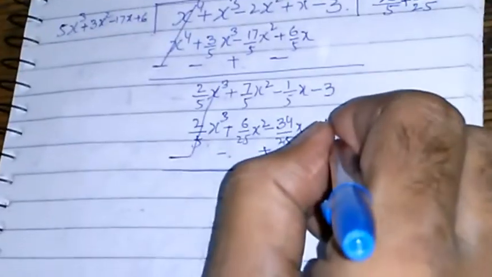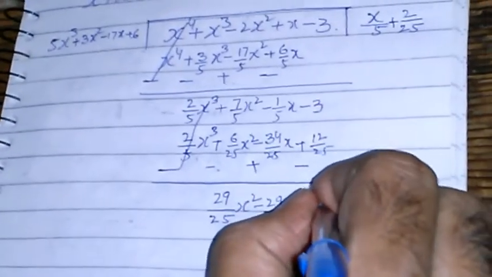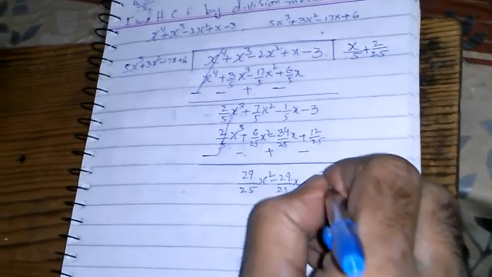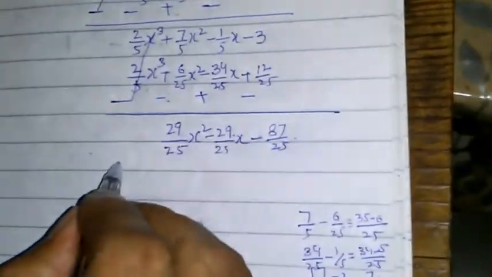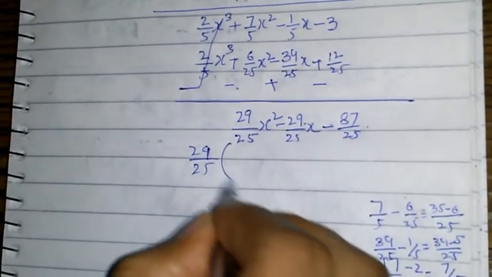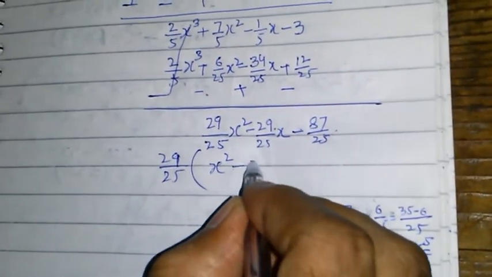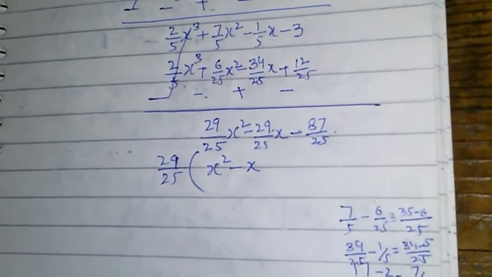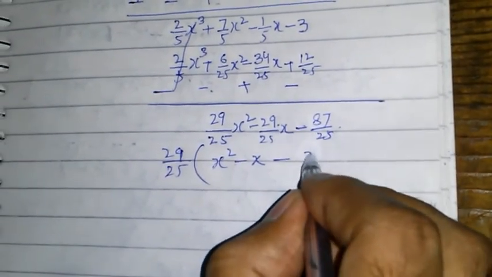Minus, 25 3s are 75 plus 12, 87 over 25. 29 over 25 is common, so remaining here x square minus x minus 3.